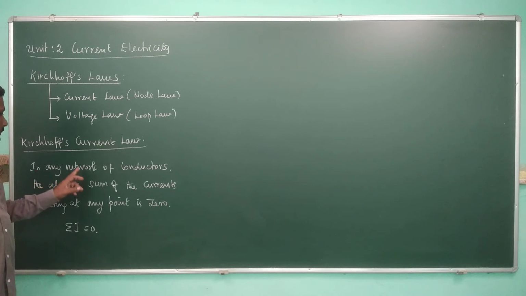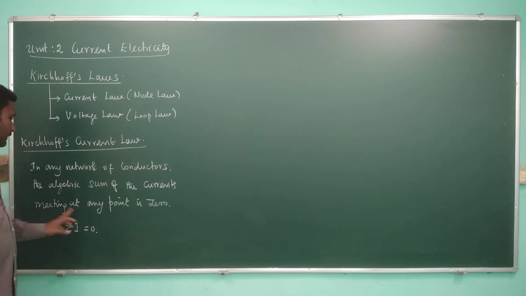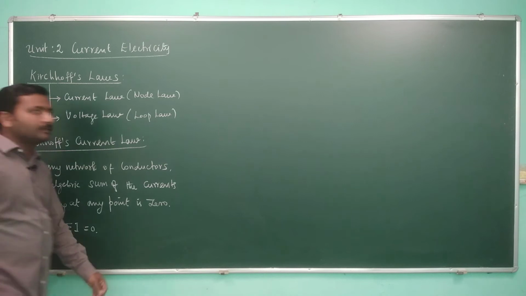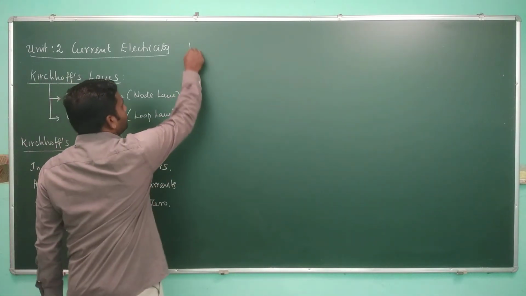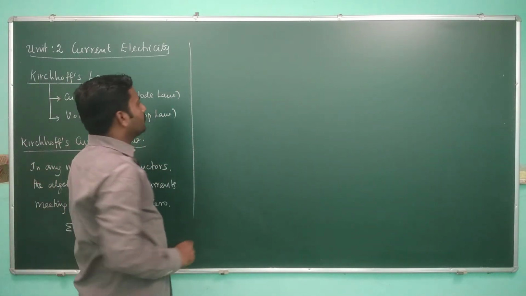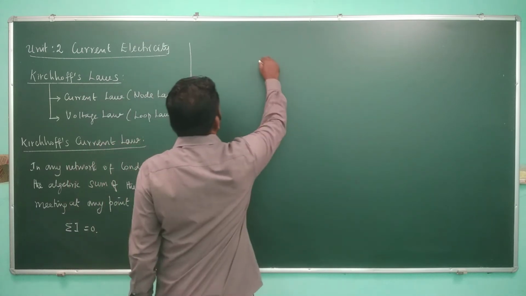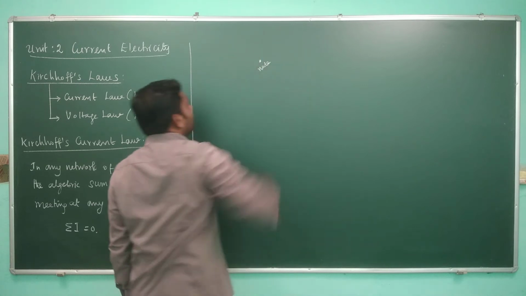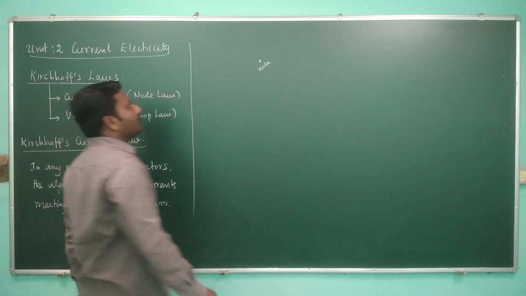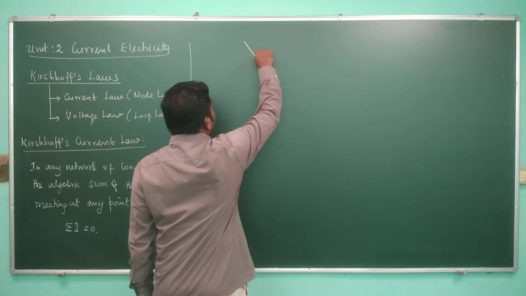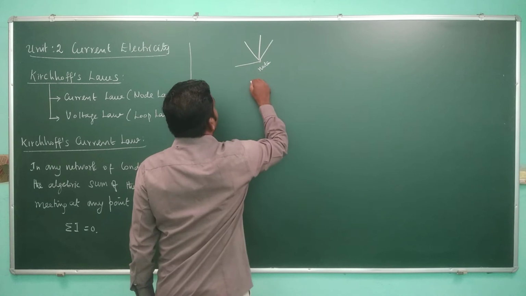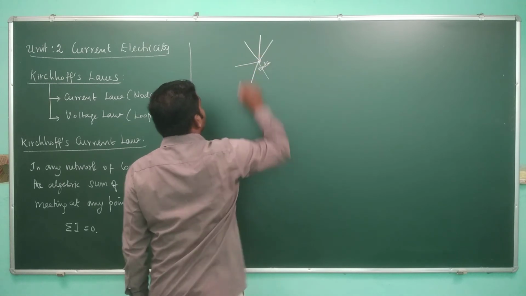In any network of conductors, the algebraic sum of the currents meeting at any point is 0. Summation of I is equal to 0. So this is the statement. What does it mean? Let us consider a node. A node is nothing but a point. Assume that there are many wires touching this node.